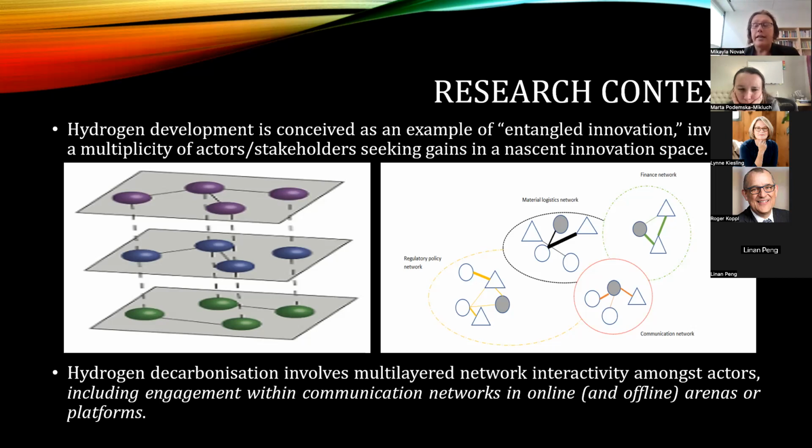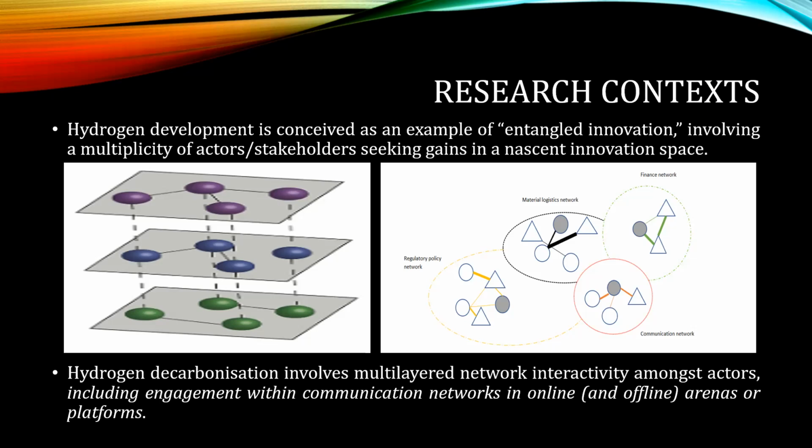In hydrogen, it's an embryonic innovation space. So I go one step further with this idea of entangled innovation to say that hydrogen decarbonization, at the very least, involves multi-layered network interactivity amongst actors.